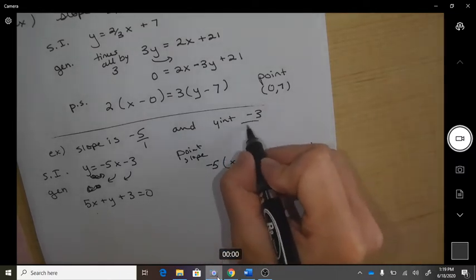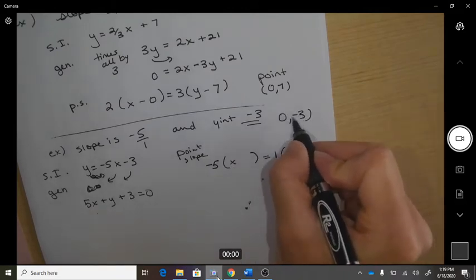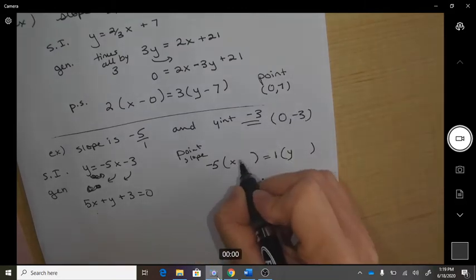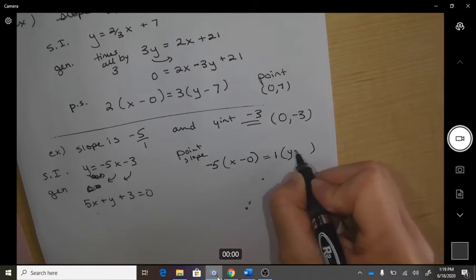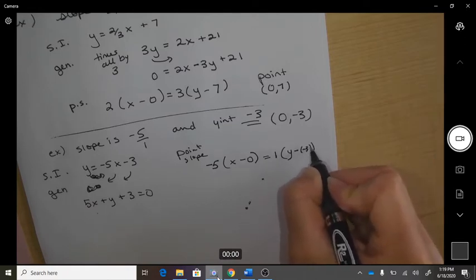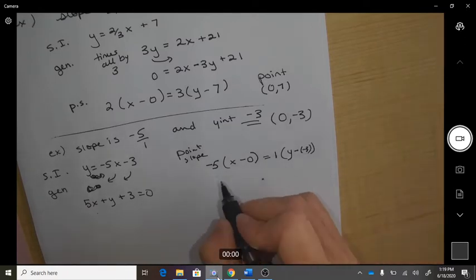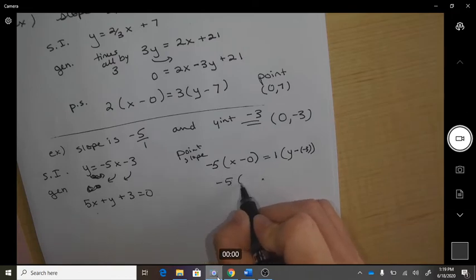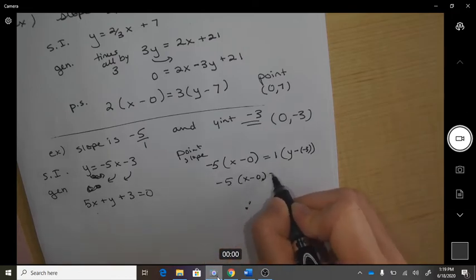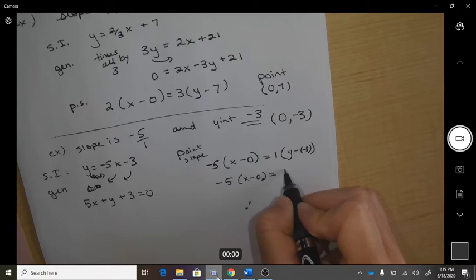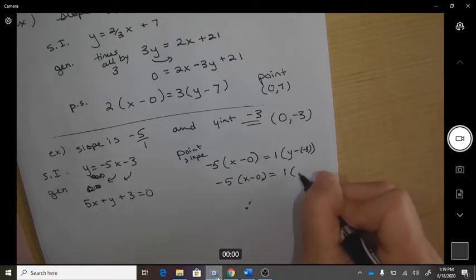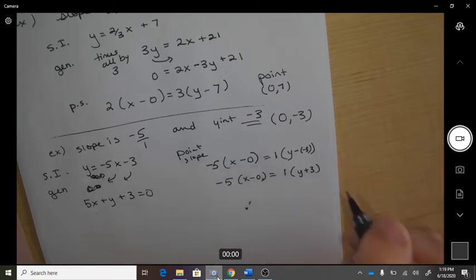So again, if you have a y-intercept, your coordinate is 0, -3. So subtract 0, subtract a -3. So really, you don't really need to write the 0. You don't really need to write the 1, but you should change that into a +3.